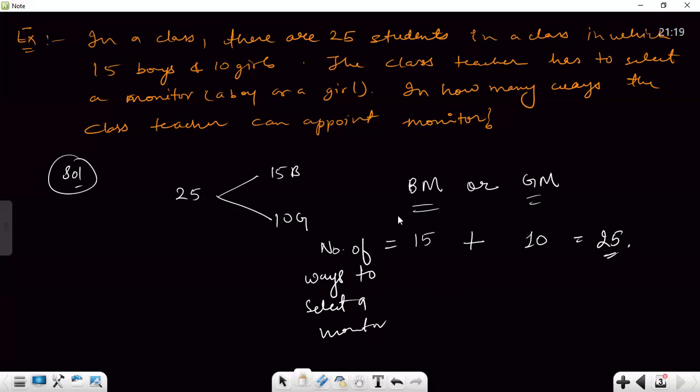Okay. Now I have gone through this particular method just to help you understand the fundamental principle of counting. Otherwise, also it was a simple thing that there are 25 choices and one has to select it. So there are 25 ways, but just for the sake of concept.